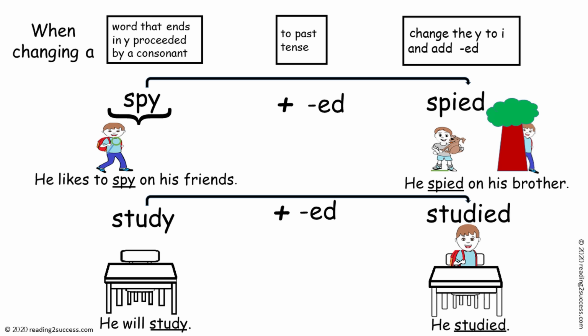So spied is spelled S-P-I-E-D. And our two sentences are, he likes to spy on his friends. He spied on his brother.